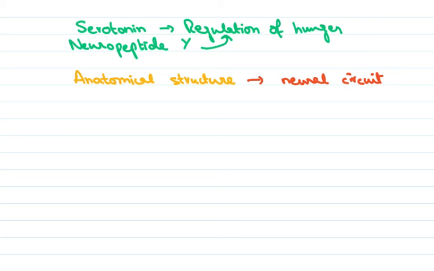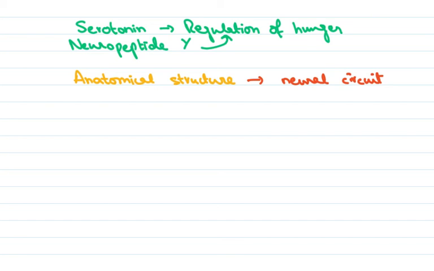This is the current way of thinking about the modulation of hunger and how it is controlled in the brain. But there are different processes responsible for this as well, and different theories have been put forth.